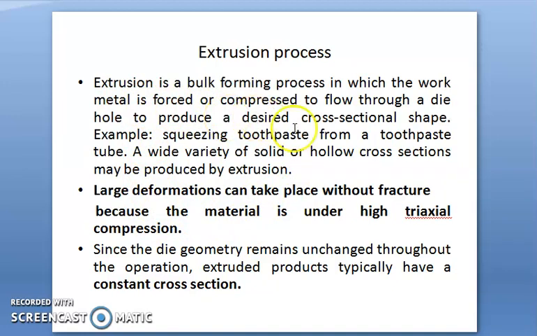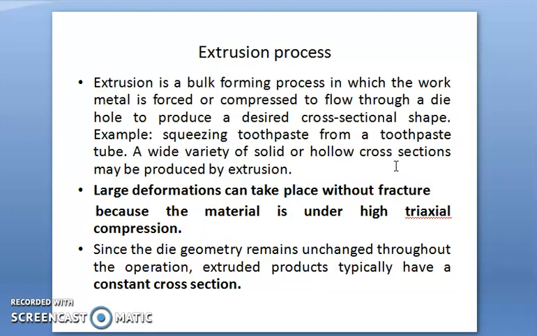Once again, extrusion is a process in which a metal called the billet is reduced in cross section by forcing it to flow through a die for the desired cross section under high pressure. Extrusion can be carried out in either hot or cold conditions.